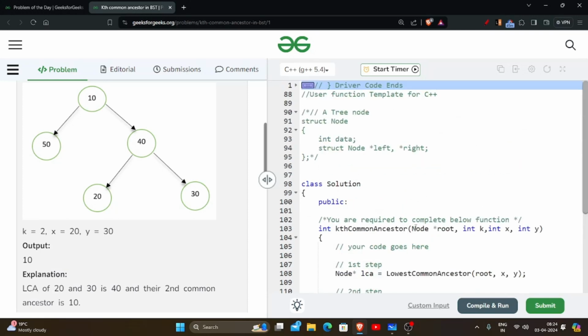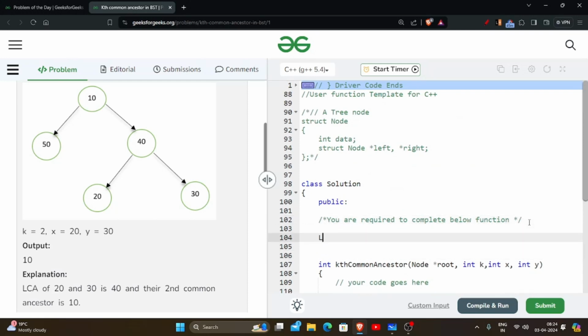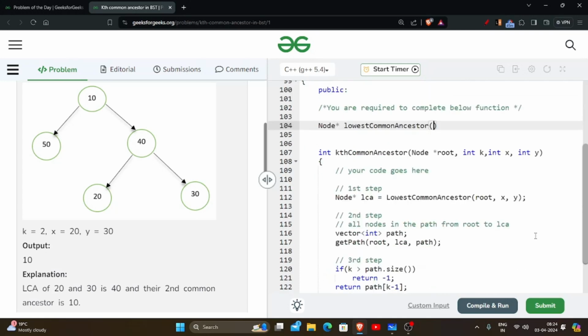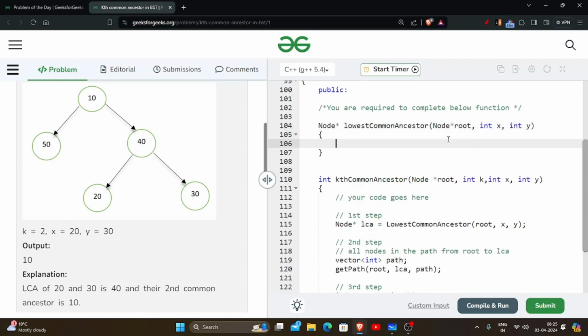So now we should write the code for the lowest common ancestor. It is of node type. The function is lowest common ancestor, and we know that we pass root, x and y. So that is Node star root, integer x and integer y. So what we said, the two properties.